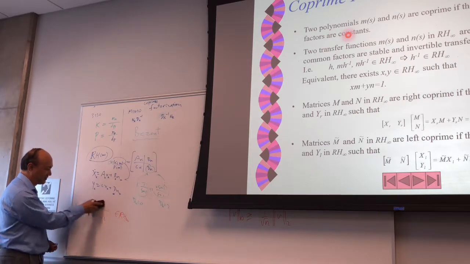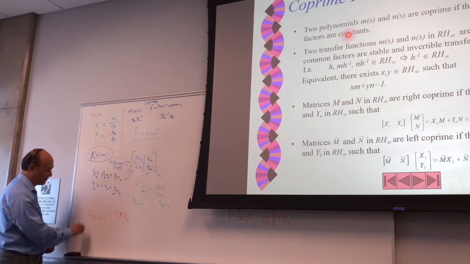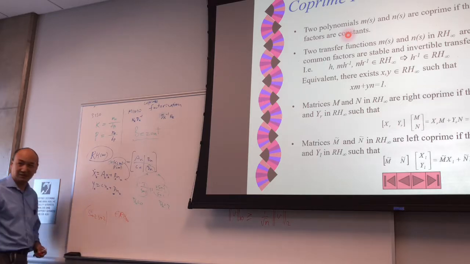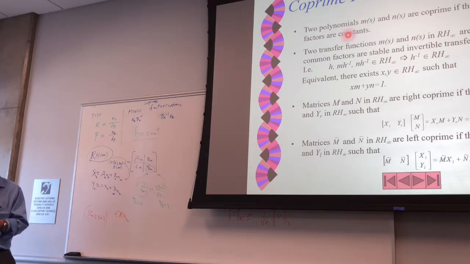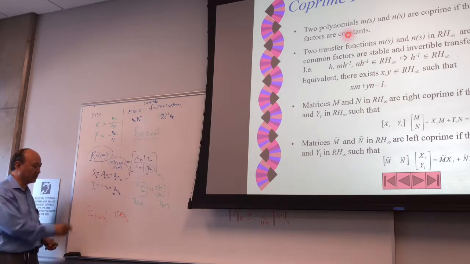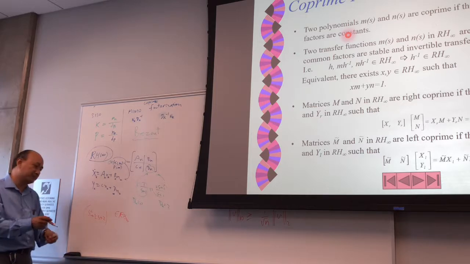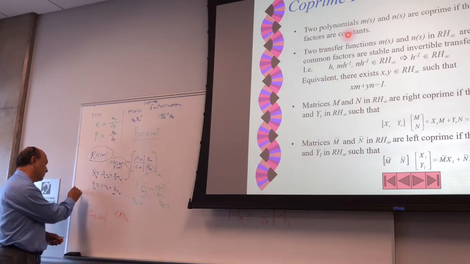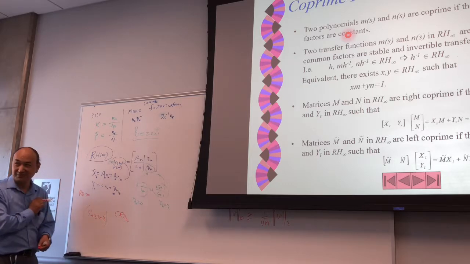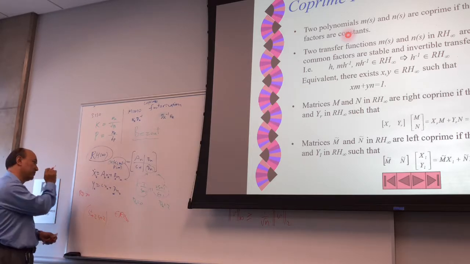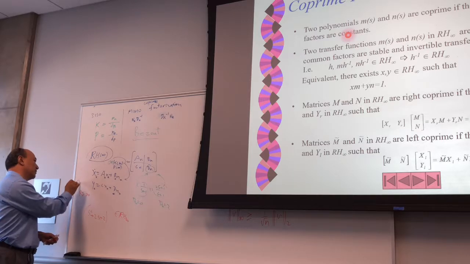Now I'm saying you only have this one. Is this in RH infinity? No, it is not, because the relative degree is 0 minus 2, which is minus 2. The relative degree must be greater than or equal to 0; that's called rational, proper.